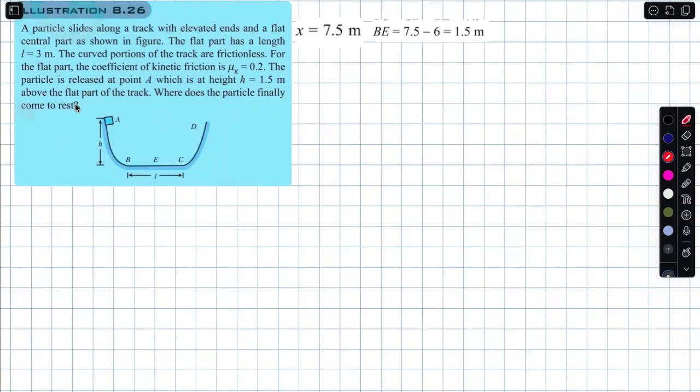A particle slides along a track with elevated ends and a flat central part. See that diagram, everyone? Read the question. They have given that the entire flat part has friction.